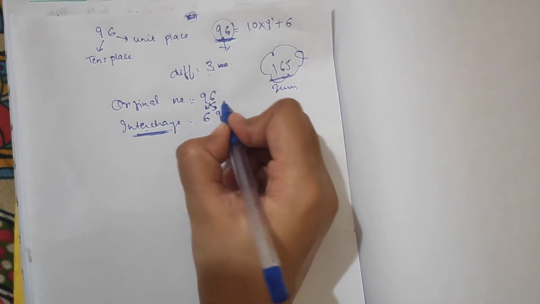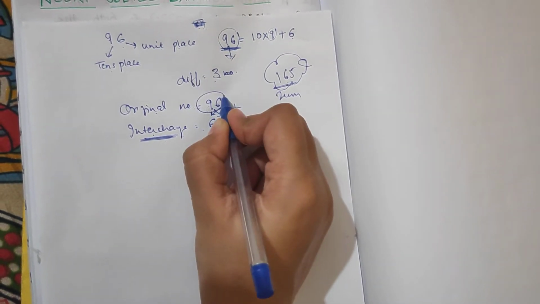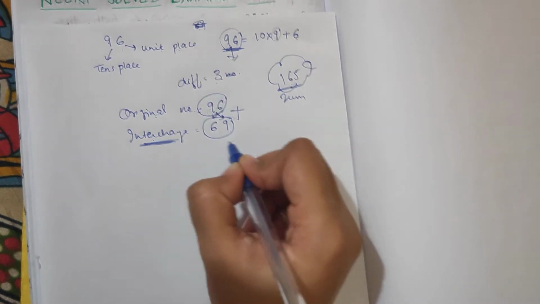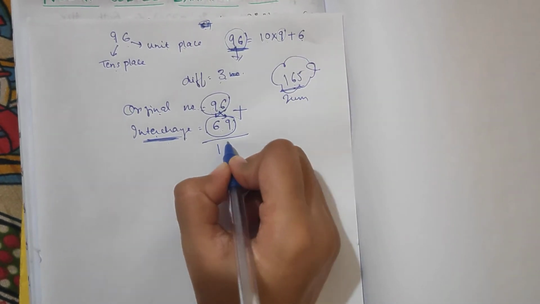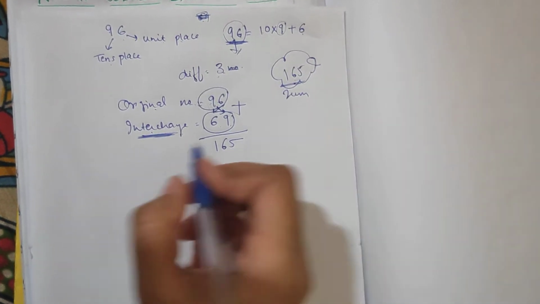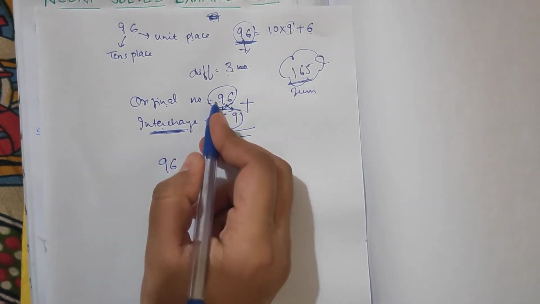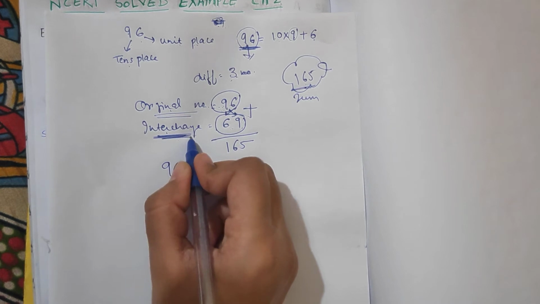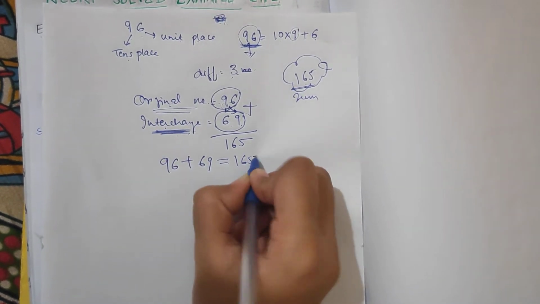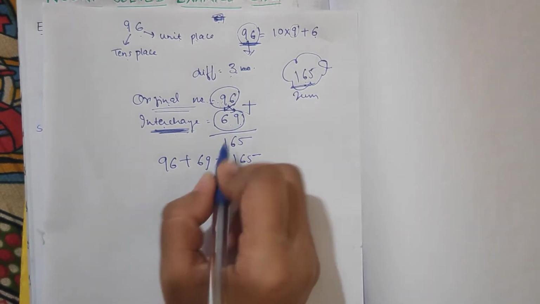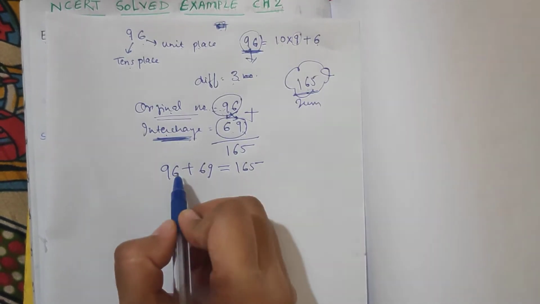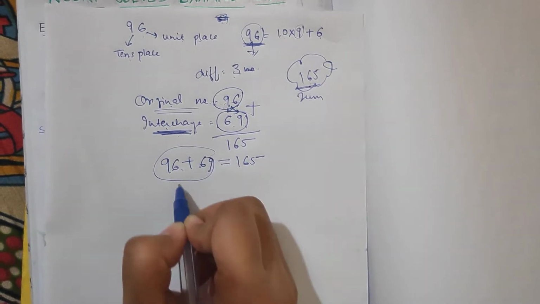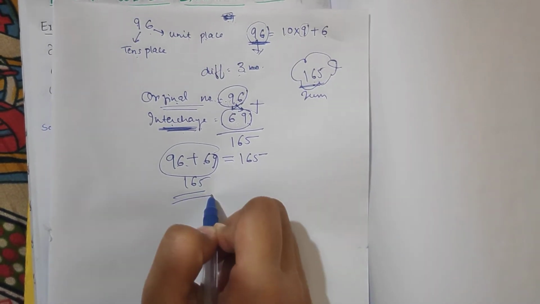So what will our equation be? 96, our original number, plus 69, our interchanged number, is equal to 165. If you add here, you will get 165 only.